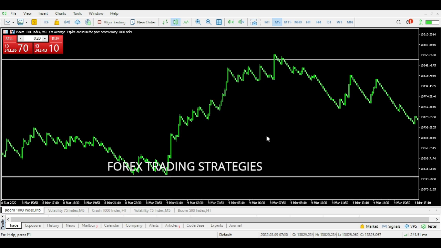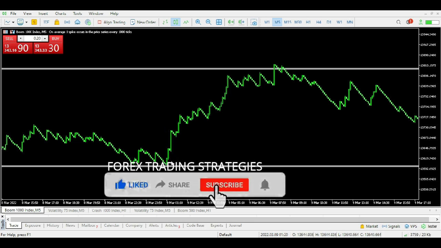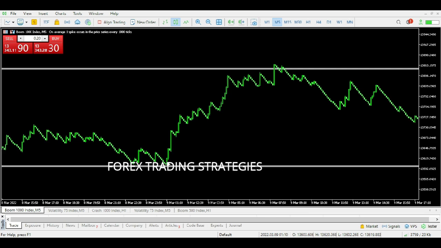So how do we actually catch these spikes? The concept is that we are probably going to look at candles. Of course, disclaimer: don't come into the comment sections and start complaining.